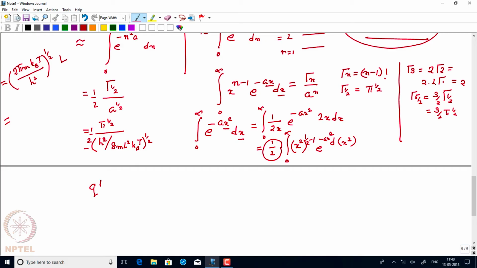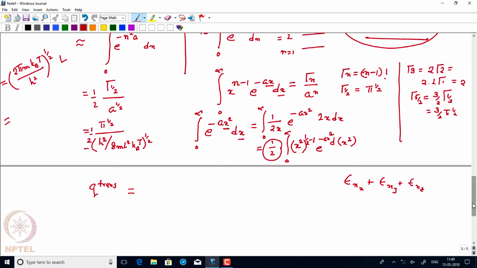So Q translational for 1D we got like this, but remember that if I have a particle in a 3D box, the energy levels are basically additive, because for the total energy, instead of writing it as En, the summation will be, now I'll have 3 energy levels: Enx plus Eny plus Enz.